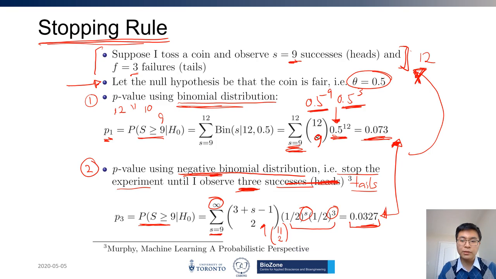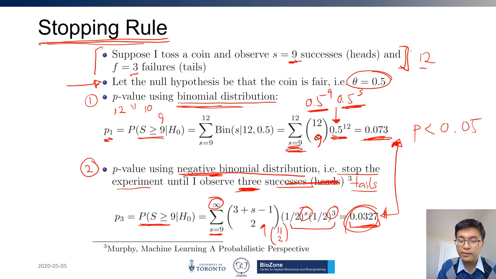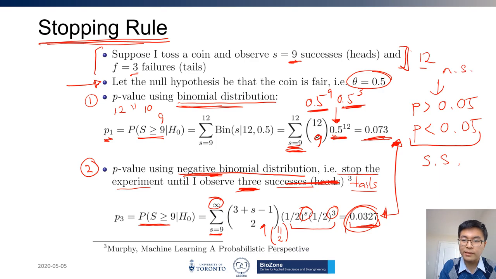And by doing so, you somehow change the p-value, which is even worse if you're going to write something like p less than 0.05 for the second case and p greater than 0.05 for the first case, and then somehow arguing that this is statistically significant and this is not statistically significant. So if you want to read a bit more on the discussion behind this, highly encourage you to look at Kevin Murphy's textbook.